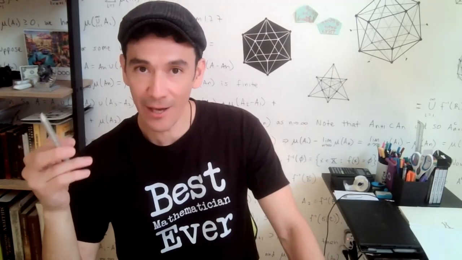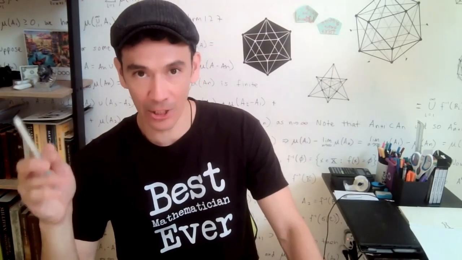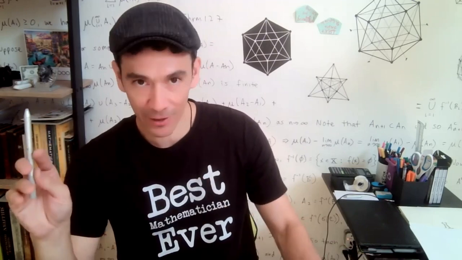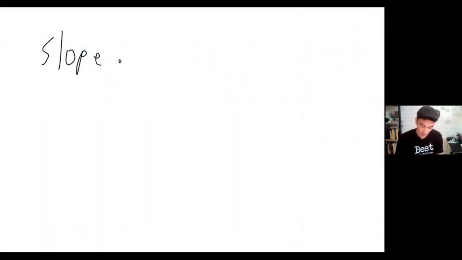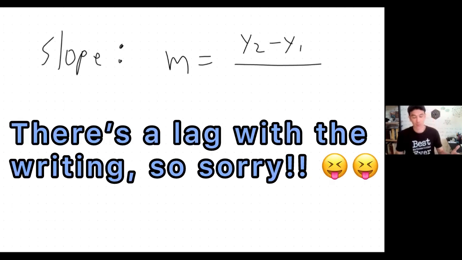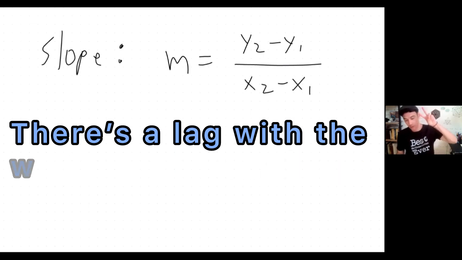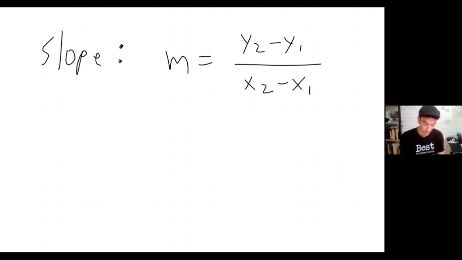Okay, so in this video, we will focus on linear functions, all things linear functions, beginning with slope. Your slope formula is m equals y2 minus y1 over x2 minus x1. That's what we use to find the slope between 2 points.